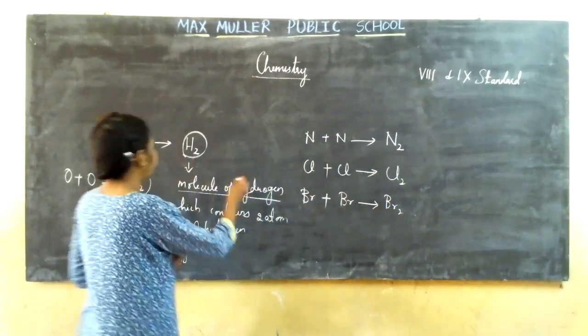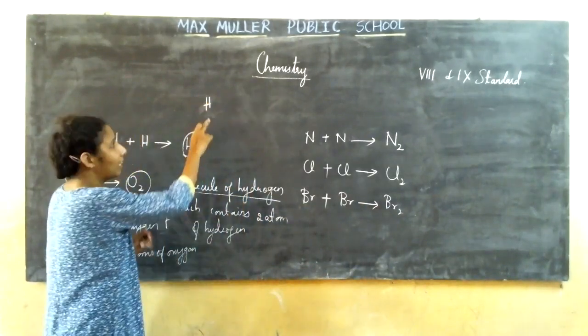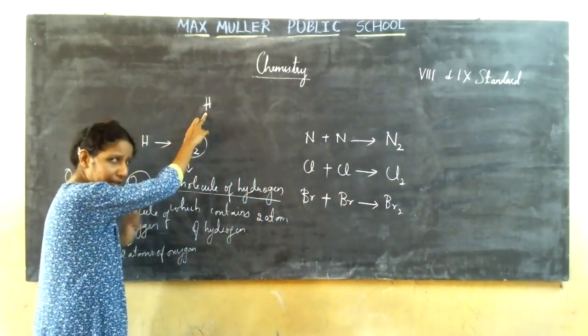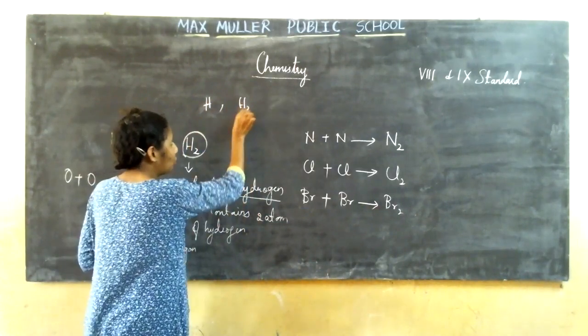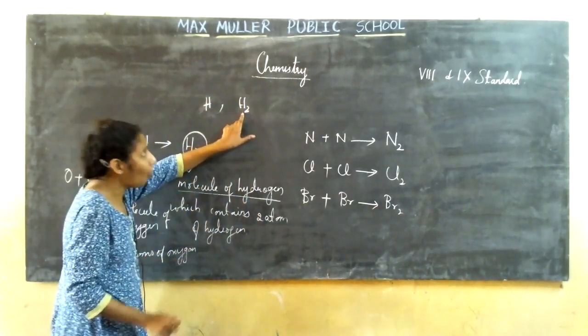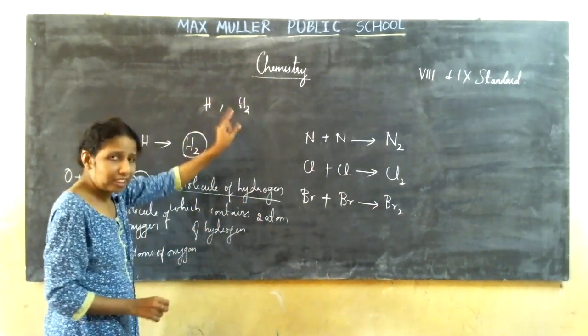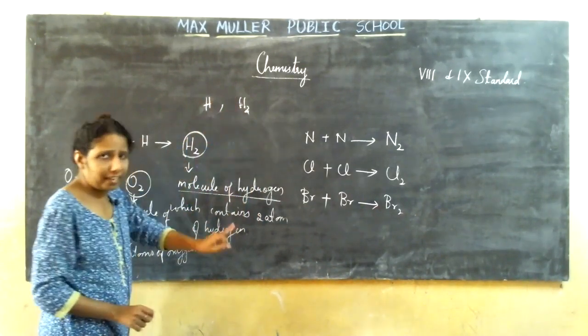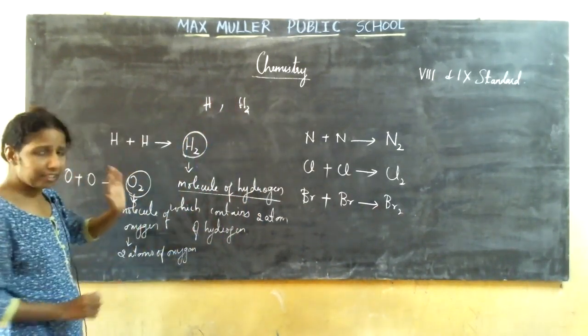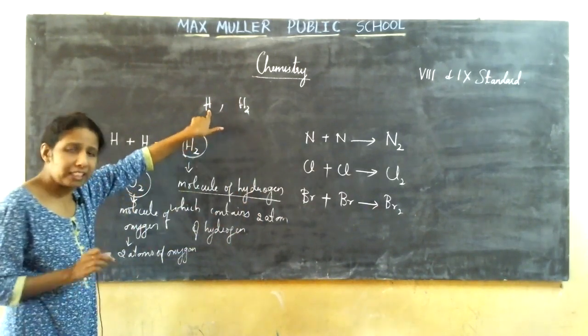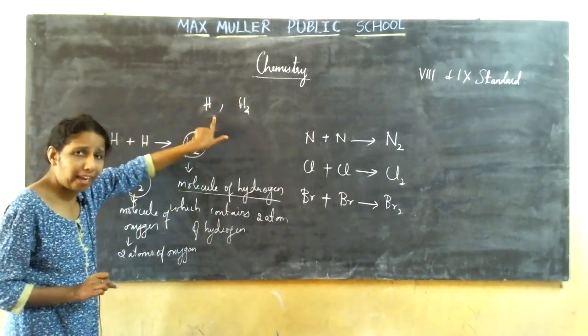So remember, if I write only H, it represents the atom of hydrogen. But when I write H2, it represents a molecule of hydrogen which contains two atoms of hydrogen. Once again, when I write only H, it represents an atom of hydrogen.